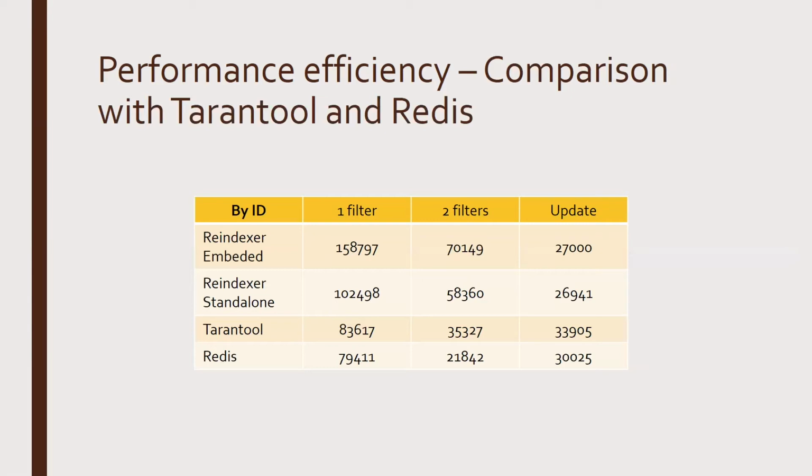This is the result of the test that shows the amount of RPS for Reindexer, Tarantool and Redis. And you can see that for the filter with votes, 1 vote, 2 votes, or maybe updates, Reindexer is the best of these programs. Next slide, please.